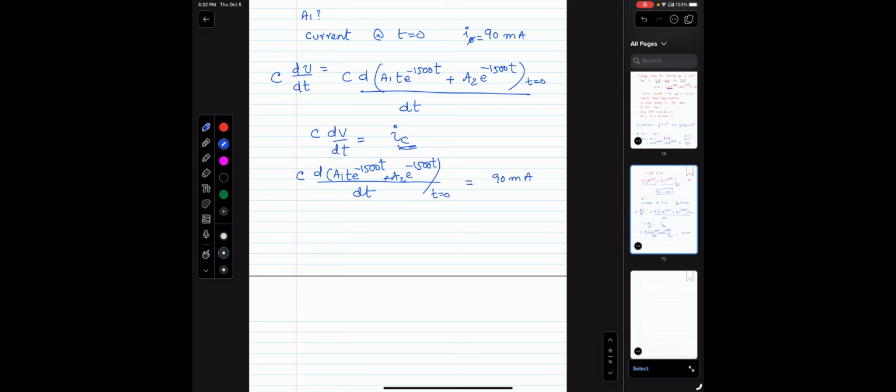After you take the derivative, plug in t equals 0. Now let's see, if we do the derivative first.